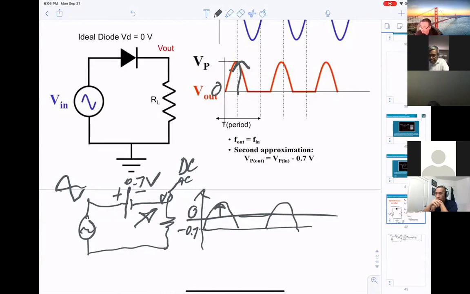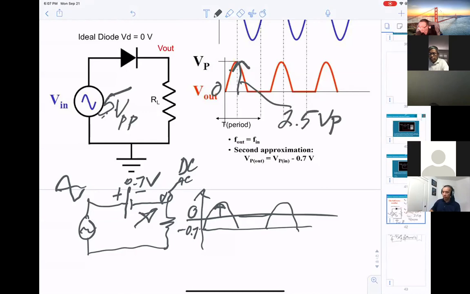So if you get, let's say, 5 volt peak to peak, that means here you get 2.5 volt peak.